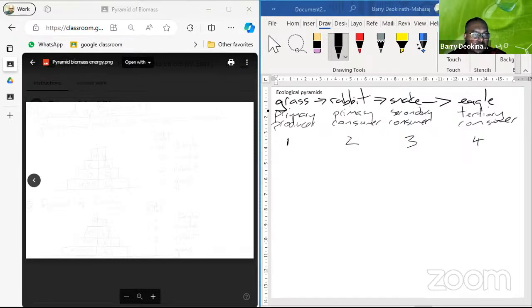Now, if we label each of these positions in the food chain 1, 2, 3, 4, we call these positions which the organism occupies in the food chain its trophic level.